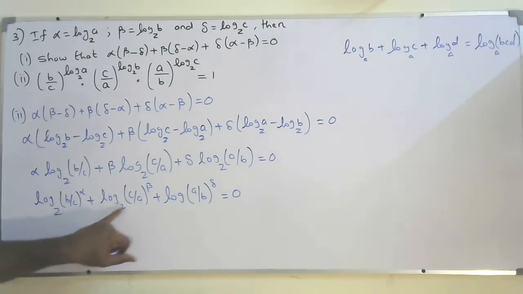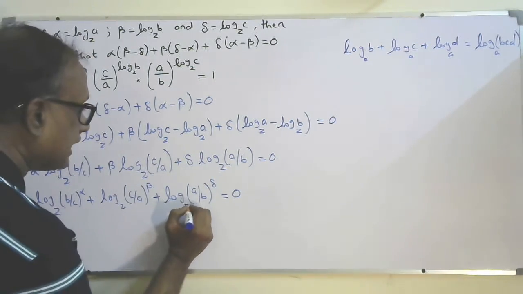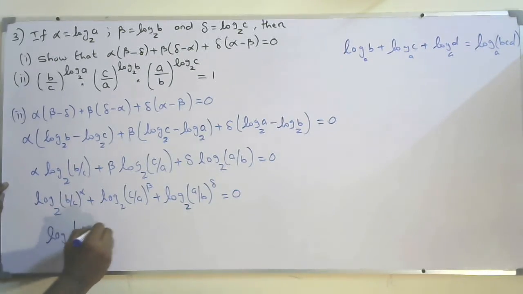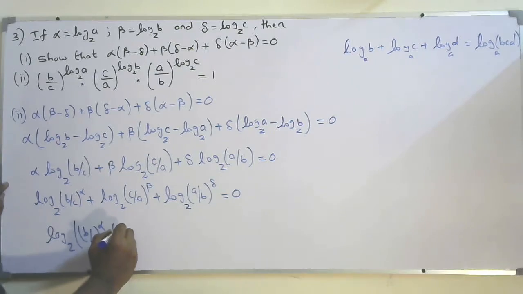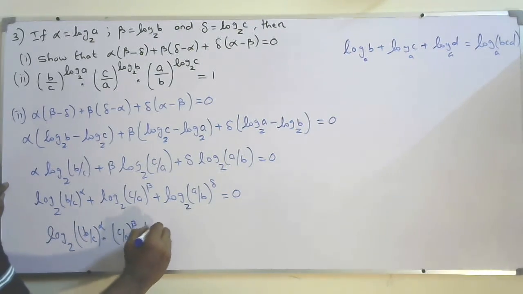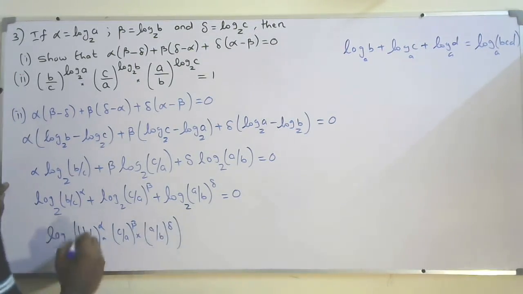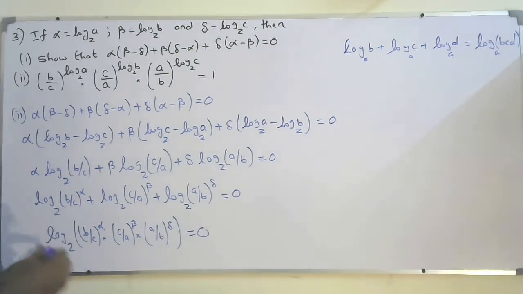All have the same base, log z. So I can write log z of b over c to the power alpha, times c over a to the power beta, times a over b to the power delta, equals 0.